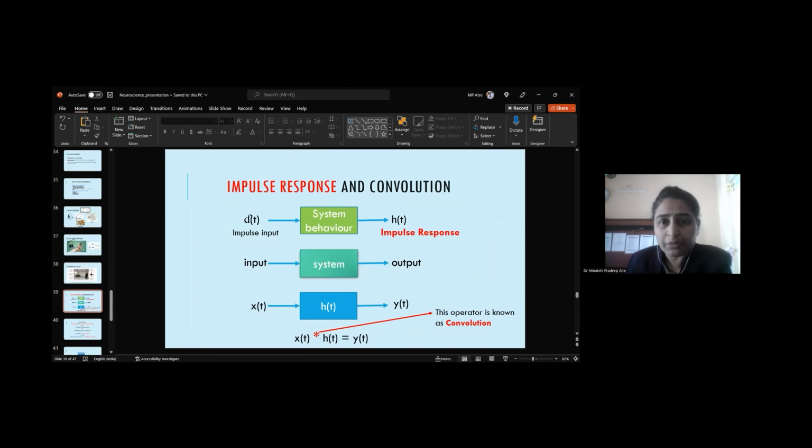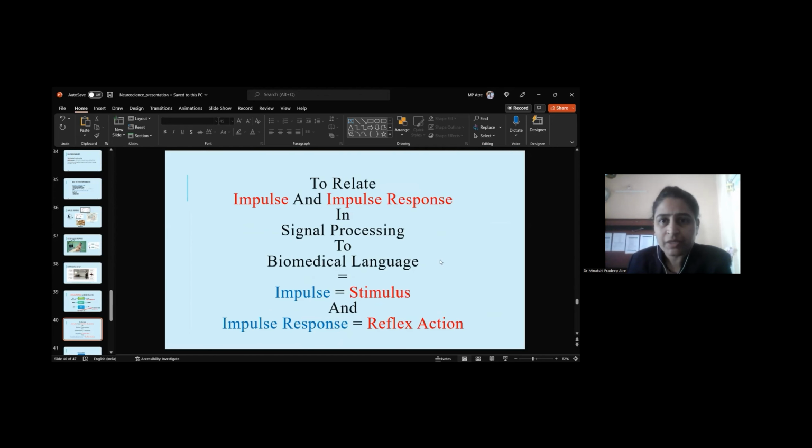So input given to the system, output, and then this system is characterized by the impulse response. Any system, take the heart system, is characterized by the ECG signal, that is the electrocardiograph signal. And to relate the impulse and impulse response in signal processing to biomedical, impulse is nothing but the stimulus that we give.